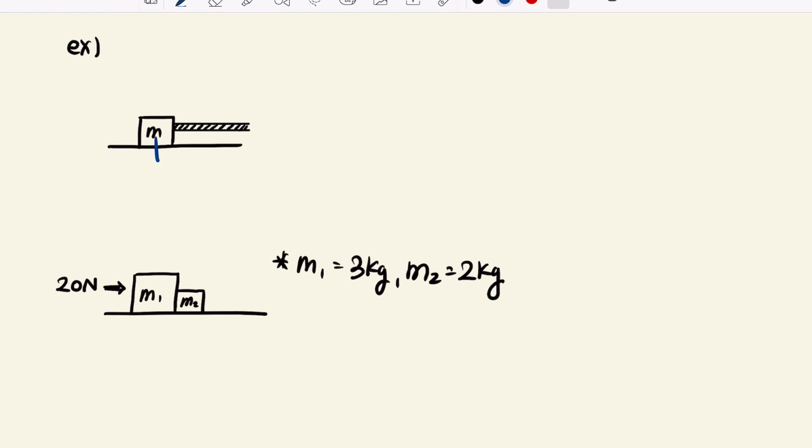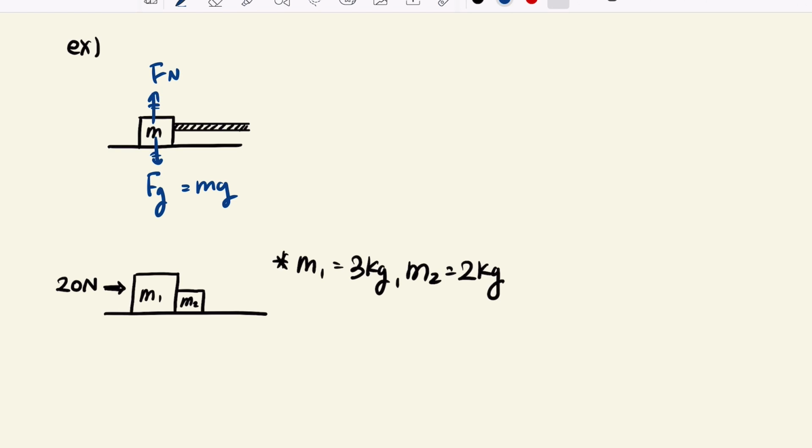So here, there will be the force of gravity, which is mg, and the normal force, because according to Newton's law, we know that there is always an equal and opposite force acting on it. So that would be the normal force, and these two would be equal to each other, and therefore cancel out.